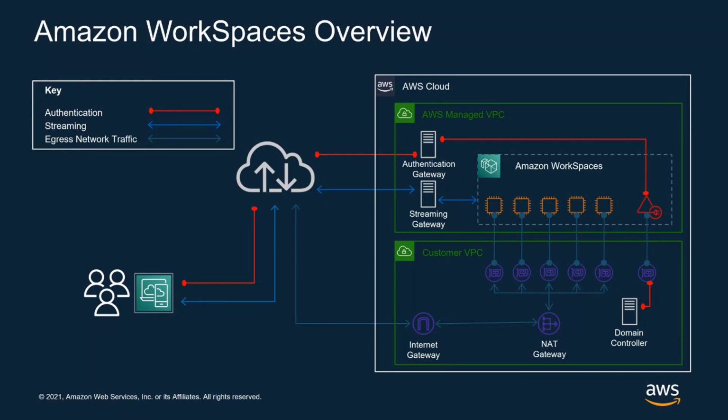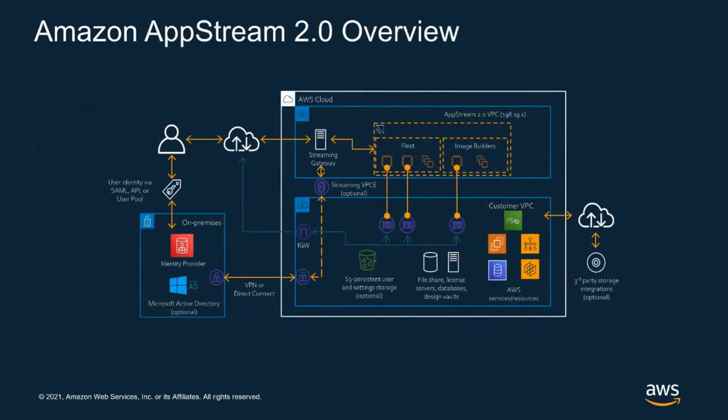Because again, it's sitting there public. And then you look at your AppStream and you don't even see an authentication gateway there, right? Because fundamentally, you manage that gateway, whether it's a user pool identity, which, by the way, at scale is never going to be a best practice, right? Or API driven, where you've programmatically built this, you're an ISV, and you want to supply users with your application.